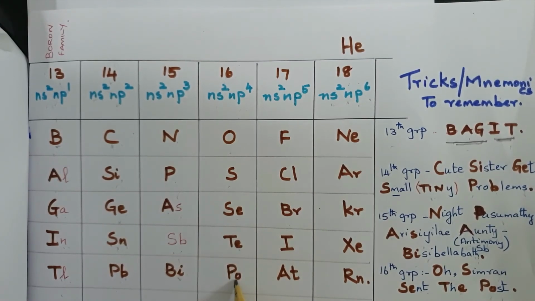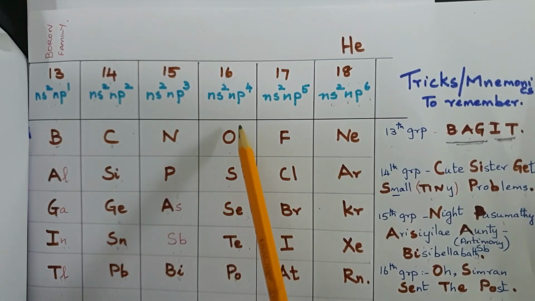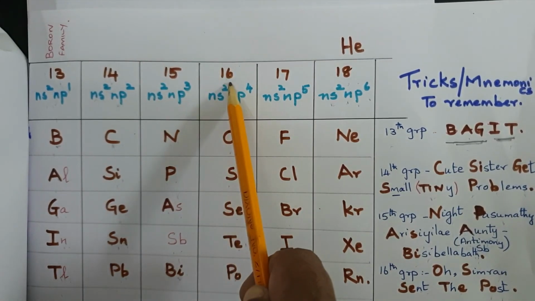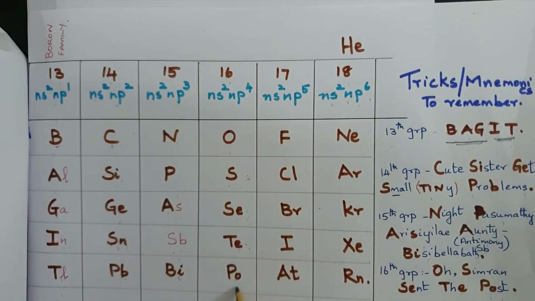Another way of remembering is that for all the elements below oxygen, the third alphabet will be L: sulfur, selenium, tellurium, polonium. So that's another way of remembering the 16th group. This is the oxygen family, otherwise called the chalcogens.